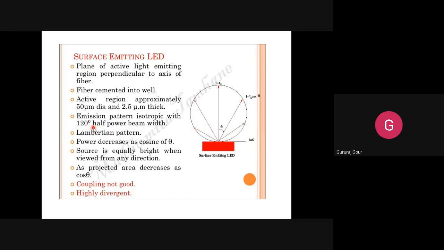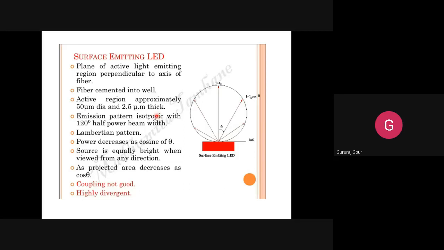Means at 120 degrees you are getting the half power beam width, and this kind of pattern is known as the Lambertian pattern. So power is decreased to half at 120 degrees, as a function of the cosine of the angle, that is cos theta. So that's why you can see cos of 0 is maximum in the middle, and it goes on decreasing until it becomes half at 120 degrees.